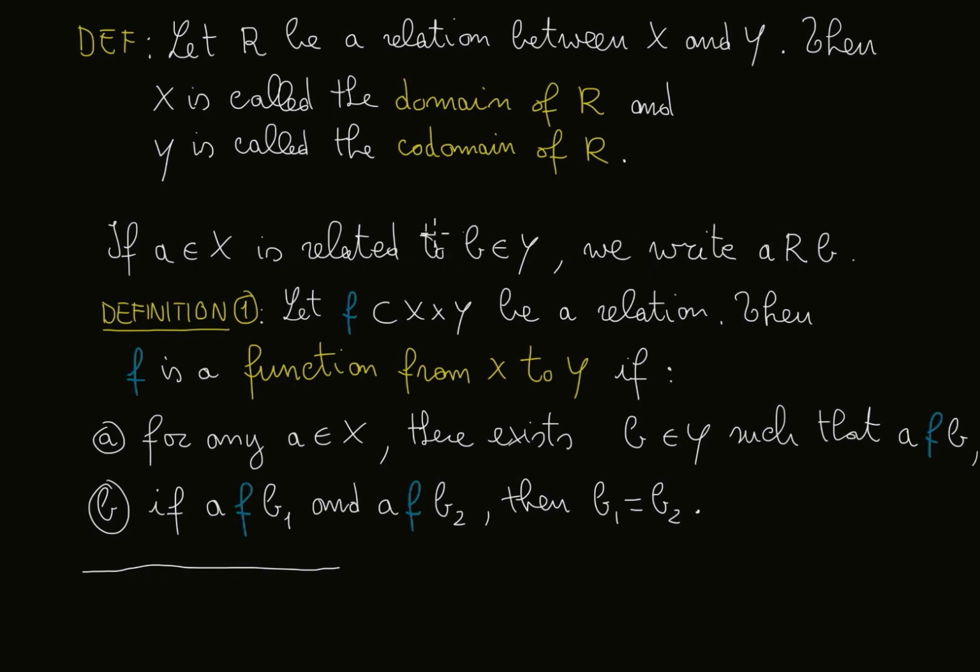It means that the pair A, B in the Cartesian product x times y is in R.